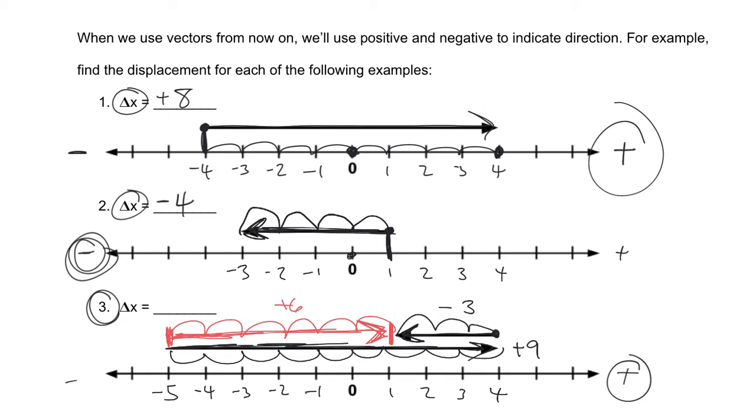So what's happened here is I went +9 and then I went -3. If you add those together, +9 and -3, you end up with this +6, which tells you where I actually ended up. I ended up 6 away from my starting point and in the positive direction. So my displacement is a +6.